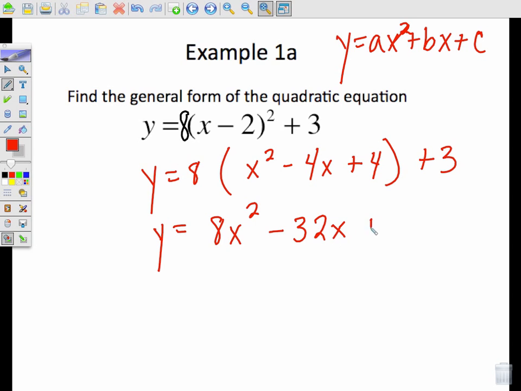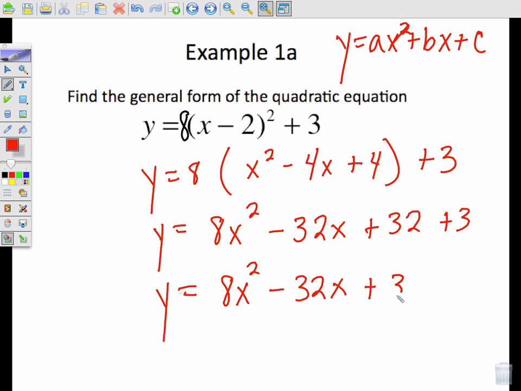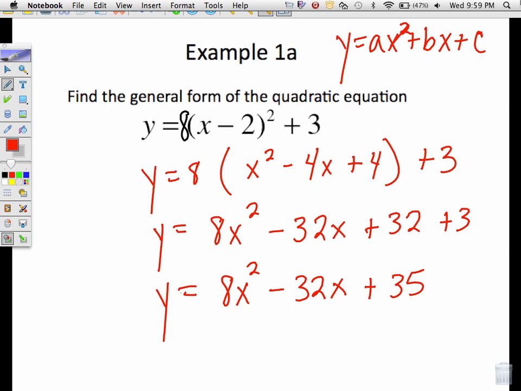So this is y equals 8x squared minus 32x plus 32 and plus 3. So final answer, y equals 8x squared minus 32x plus 35. This is your general form for a quadratic. All right, so this is going to be the end of the first video.